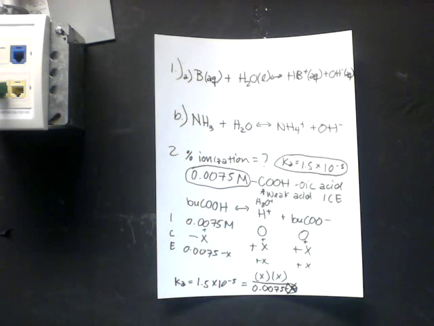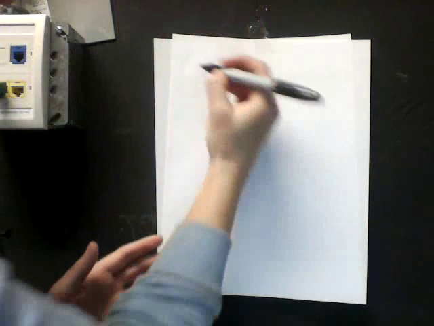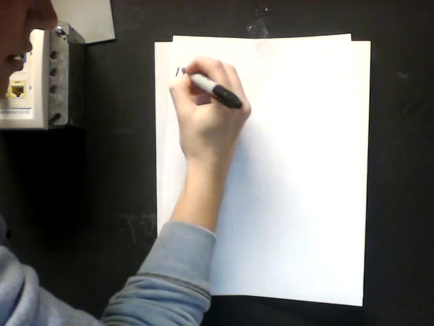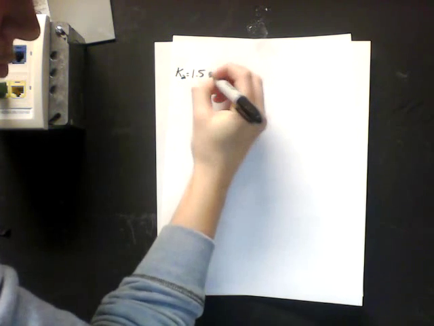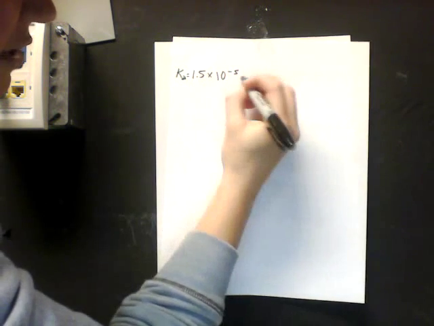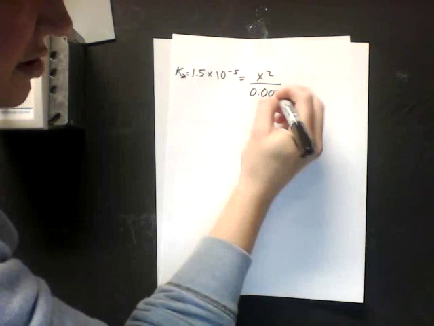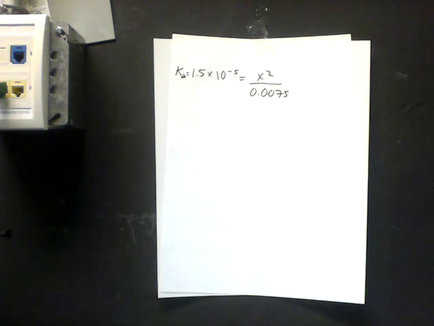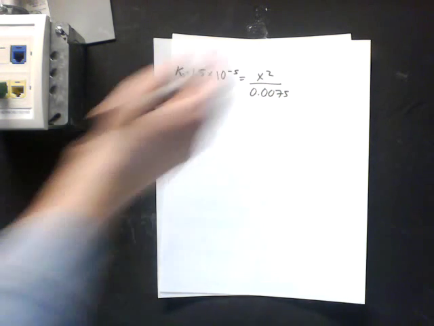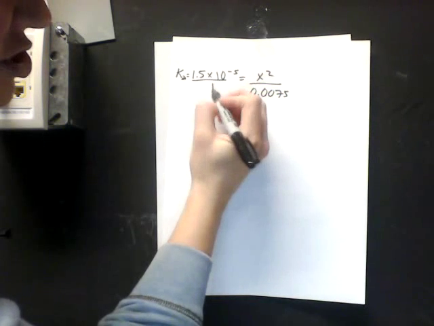That means we can now find X much more simply, instead of doing the full quadratic equation, right? So going back, Ka, which equals 1.5 times 10 to the negative 5, equals X squared just over 0.0075. Much more simple equation to solve for, correct? Again, we can assume this is over 1.